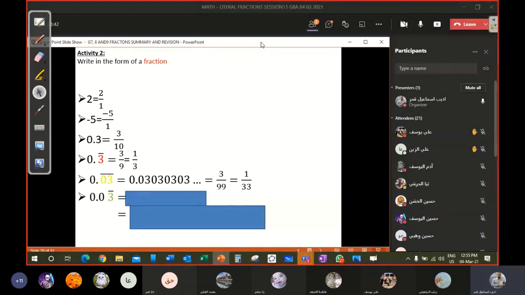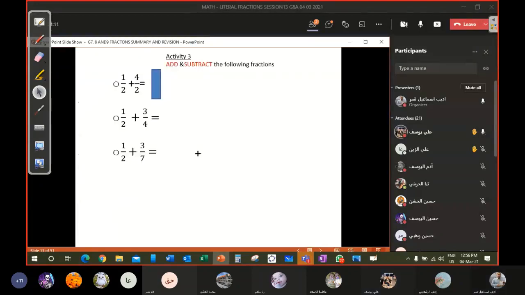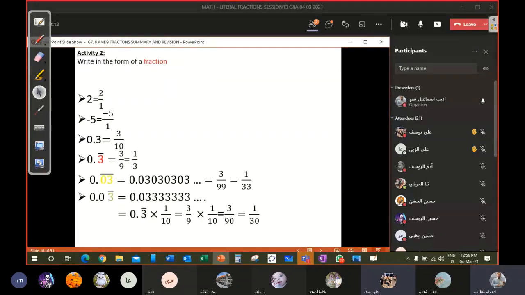And 0.03 period is equal to 0.0333, like that, it can be written like this. It can be written as 0.3 period times 1 over 10, which is 3 over 9 times 1 over 10, equal 3 over 90, equal 1 over 30. Why did we multiply by 1 over 10?